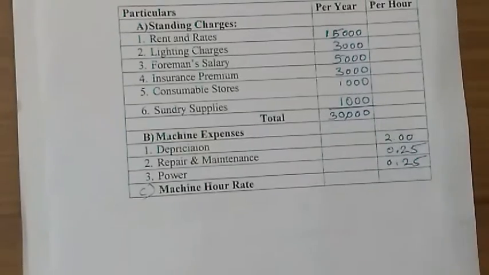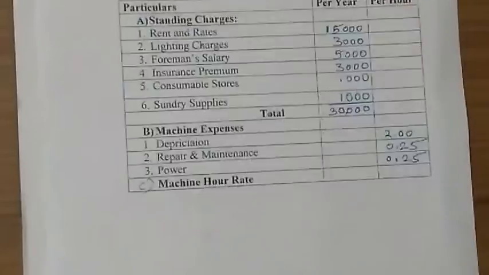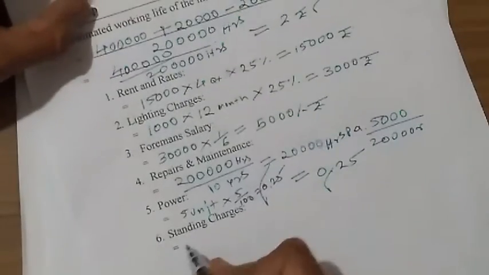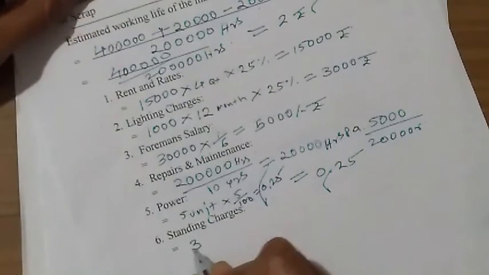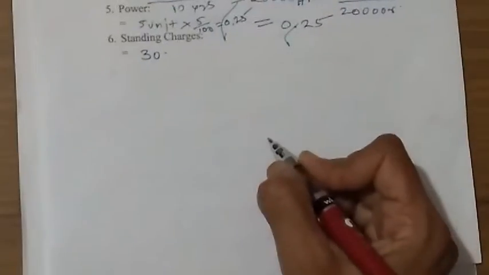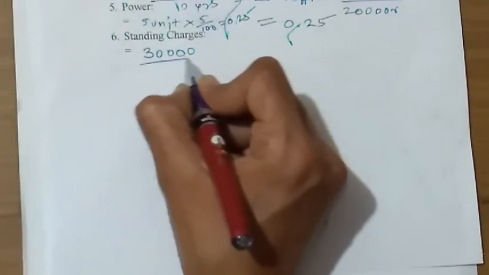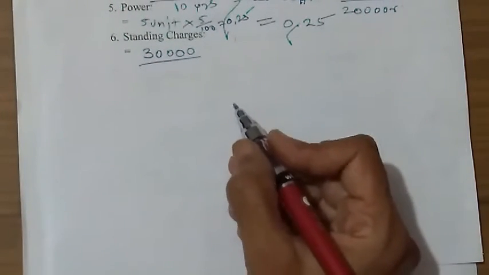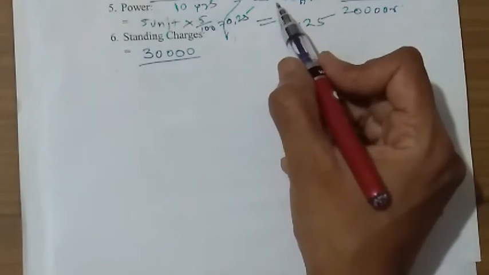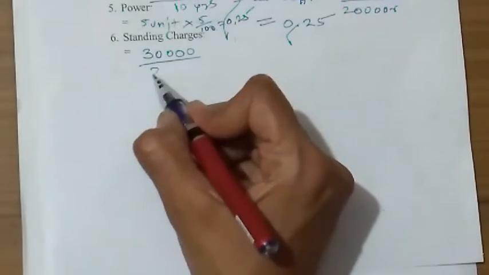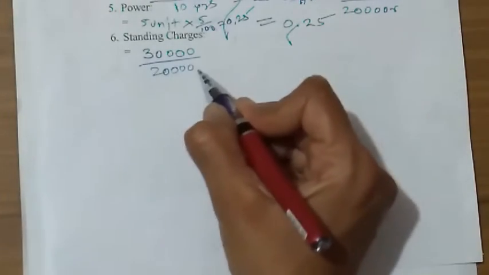Here is the calculation of standing charges: 30,000 upon machine running per annum 20,000 hours.